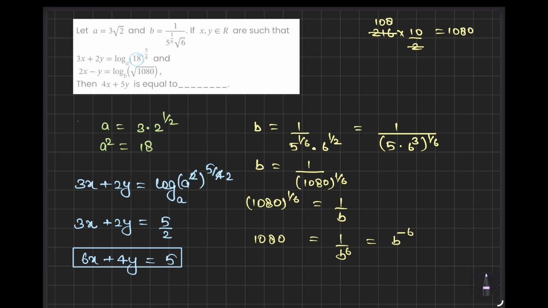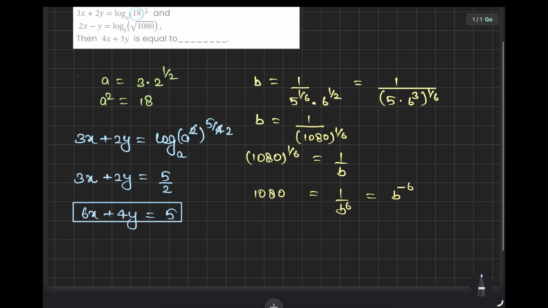Now let's do the same thing with the second part. It is 2x minus y equals log base b of 1080. In place of 1080, can I write b power minus 6, all to the power 1 by 2?